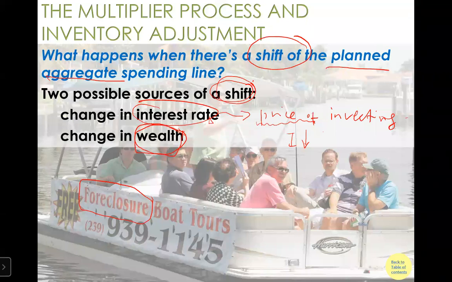But certainly, if there's a housing market collapse, your wealth is going to decline, and the decline of your wealth is going to reduce your incentive for consumption or investing. So changes in wealth or interest rate have an impact on the aggregate spending line through C and through I.